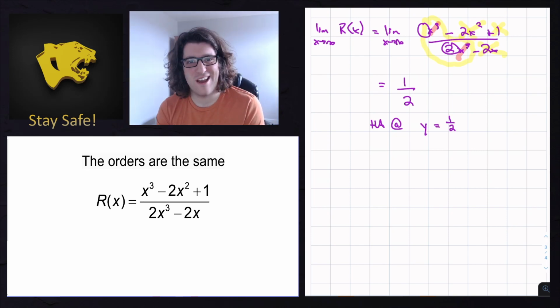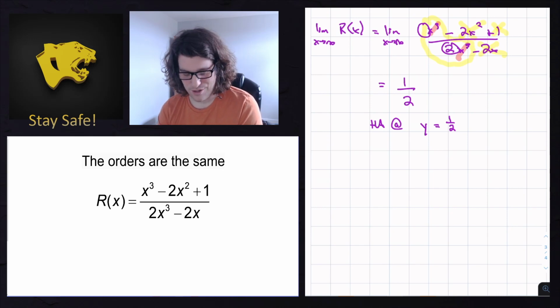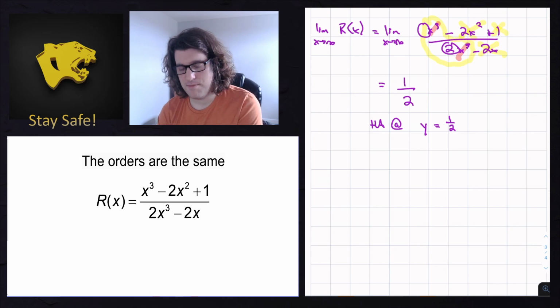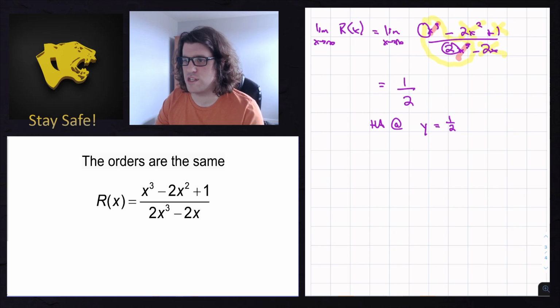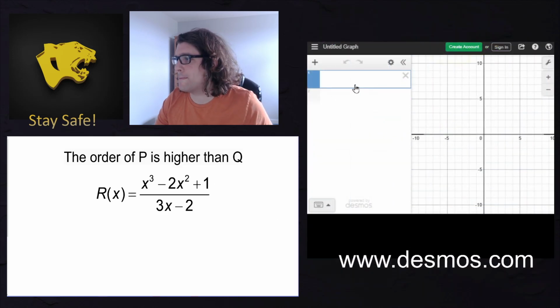So that's really nice that we can just look at that ratio of the coefficients and use that to determine what the horizontal asymptote is really quickly. So case 2 is really nice, and it does result in a horizontal asymptote. Actually, I probably can graph the first 2 examples as we go through. Let me go back here for a second, and I think this is the one I want.